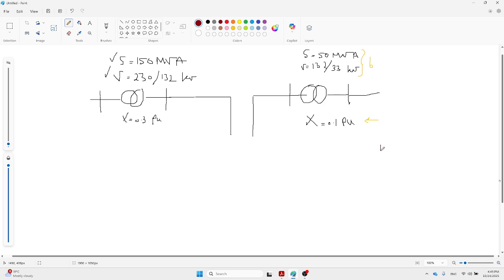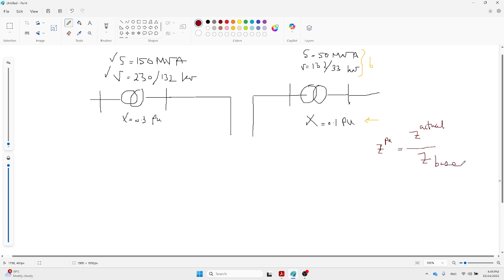The per unit formula is the same for any variable in the power system, whether S, V, X meaning Z, or I. Right now it is Z, because it's X: Z per unit is equal to Z actual over Z base.